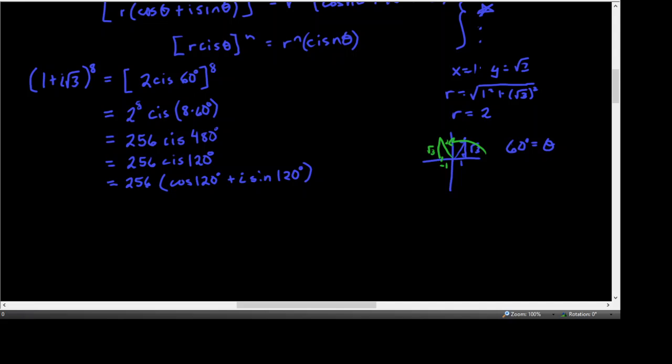So that gives us a cosine value that is -1/2 and a sine value that is positive square root of 3 over 2 times that i. And then when you distribute, you get -128 plus 128 i square root of 3.